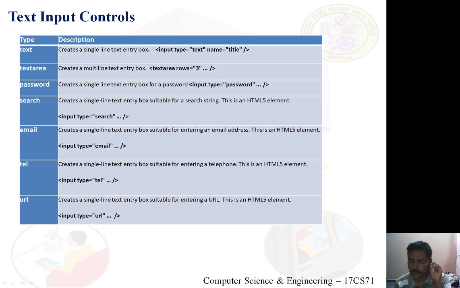Suppose we need 3 lines. This is how we can achieve it: textarea rows equals 3. Password creates a single line entry box for a password.